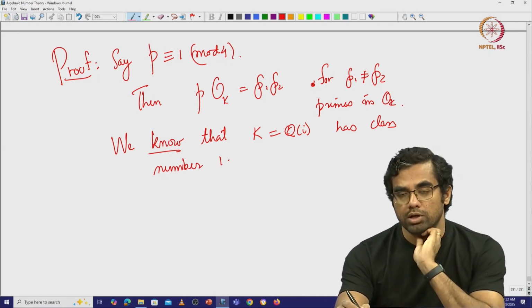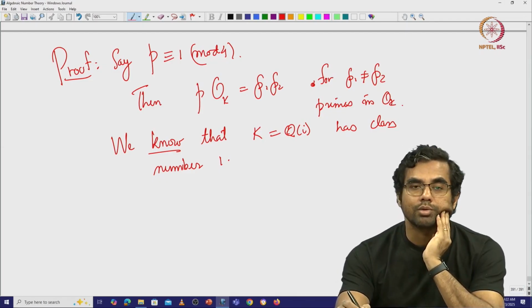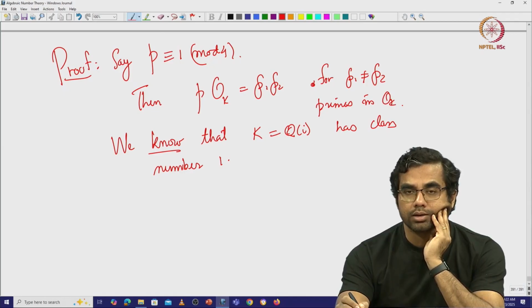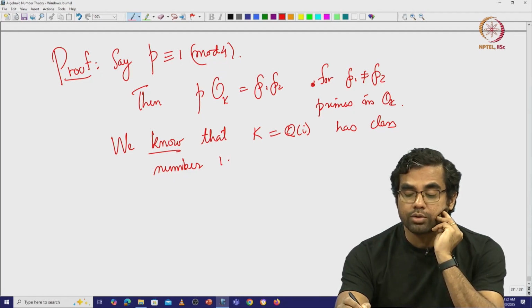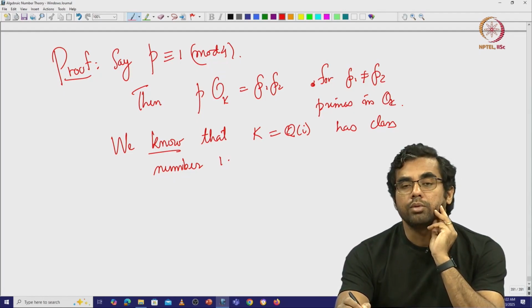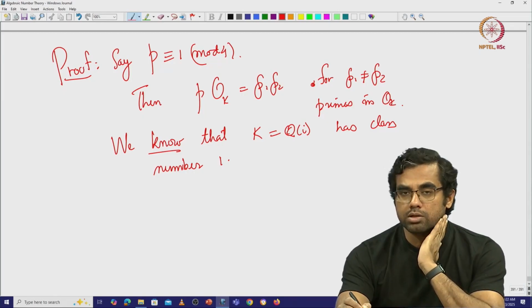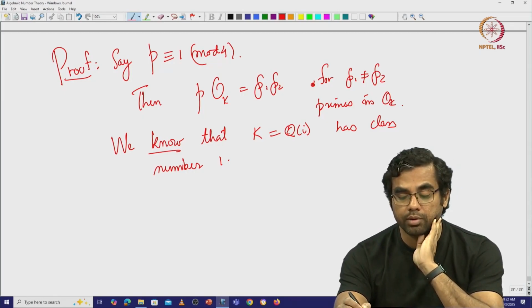So you only need to check what happens to 2, and 2 is ramified anyway. So 2 is (1 plus i) squared, the prime ideal generated by 1 plus i and its square. So that is how you show that the class number is 1, but we will do the class number computations later on. Okay, so do not worry about this.